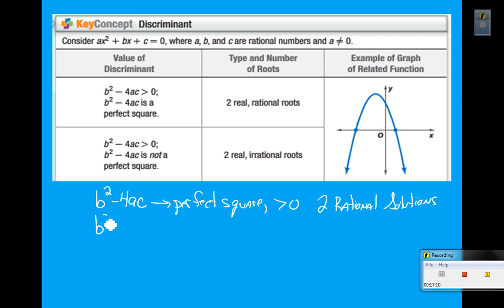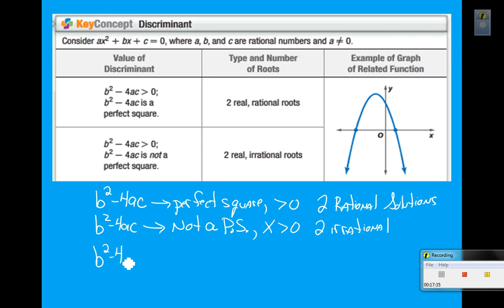If b squared minus 4ac is something that we don't know the square root of, so not a perfect square, but it's still positive, there's going to be 2 irrational solutions. If b squared minus 4ac is negative, there's going to be what we call 2 complex numbers.